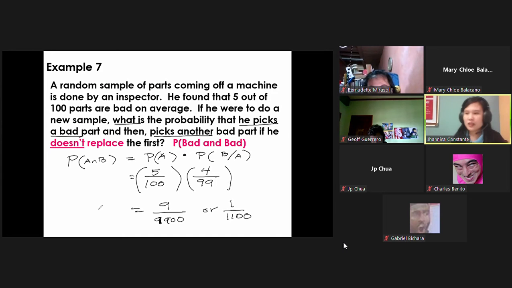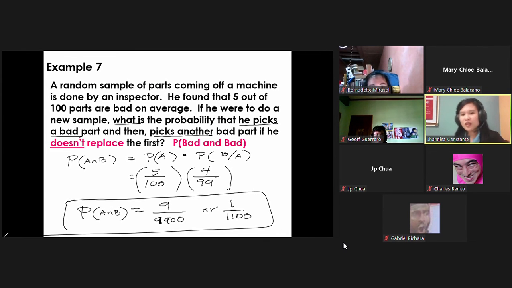So that is the probability that we will get a bad and a bad part.